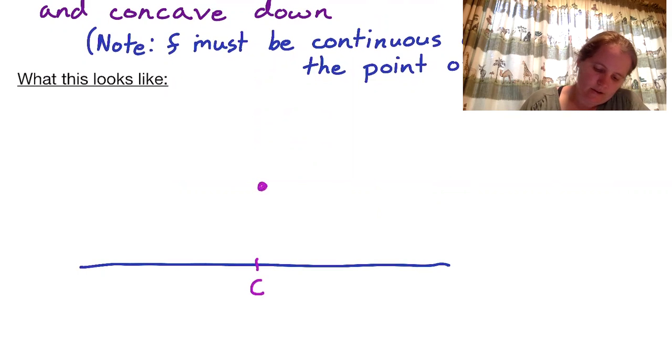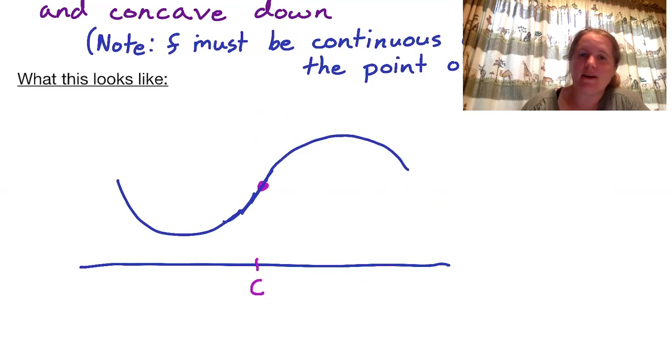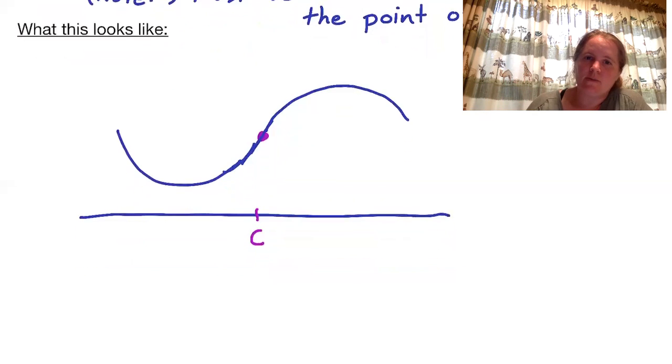So here's the point where it's going to swap. And so we may be concave up, so we have a scoop. And then we swap to concave down. So we scoop up and then have a cap down. So this is one version.